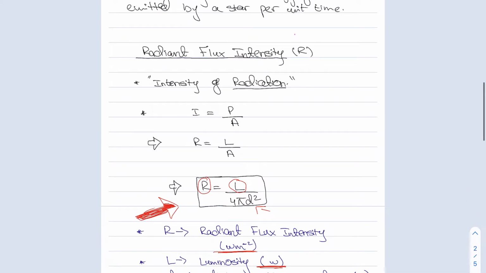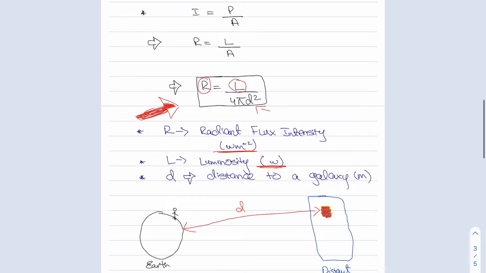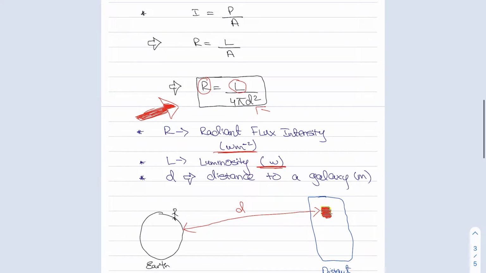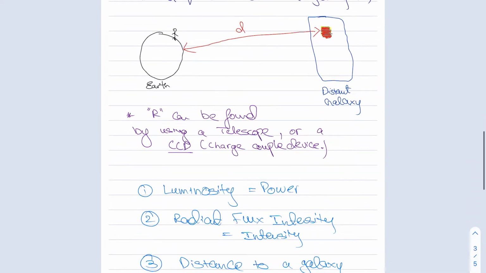And then we linked them with a formula, and we talked about how we can find out the distance to a distant galaxy if the galaxy has a specific star. And today we'll talk about what star that galaxy has to have. So let's begin with today's lecture.